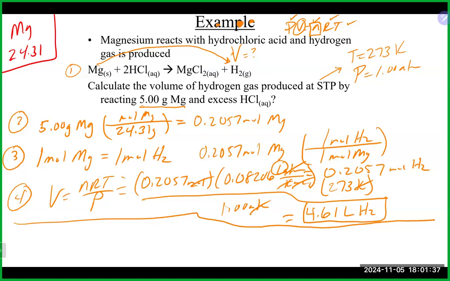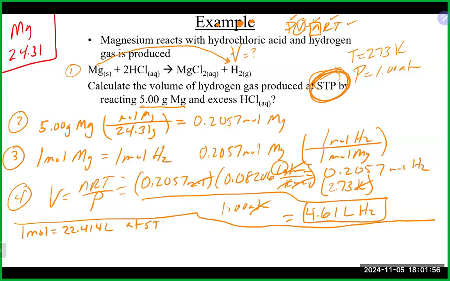Now, because this was actually at STP, you could have, if you wanted to, solved it another way, like we talked about, which is, remember that pretty much 1 mole of any gas at STP is 22.414 liters.